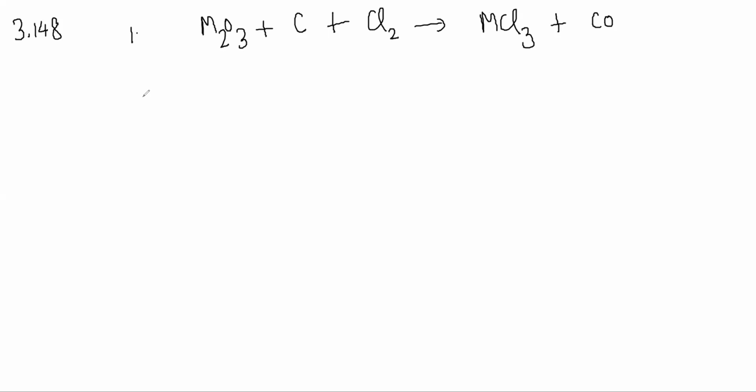Okay. So it says element M is prepared industrially by a two-step procedure according to the following unbalanced equations. First equation is M2O3 plus C plus Cl2 gives MCl3 plus CO. And the second equation is MCl3 plus H2 gives M plus HCl.